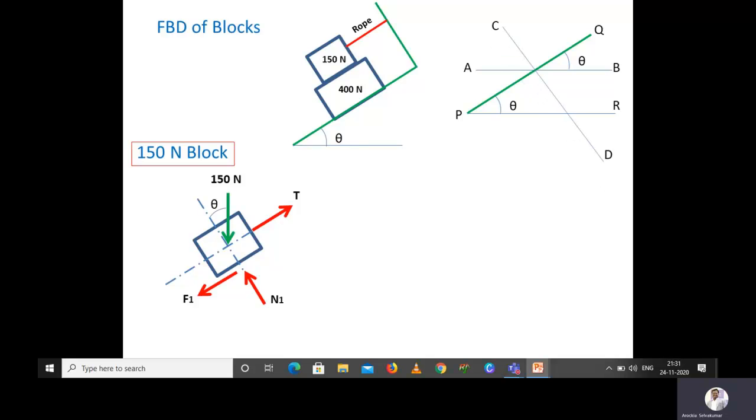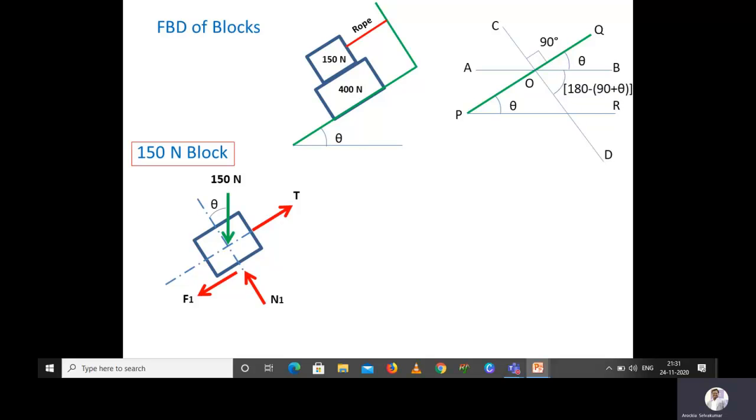Now I draw another line perpendicular to PQ, that is CD. I take the intersection of these two lines, PQ and CD, as O. So the angle between the lines PQ and CD will be 90 degrees.